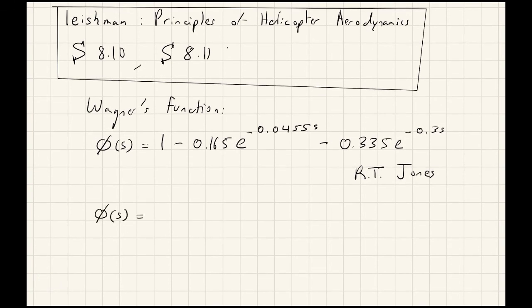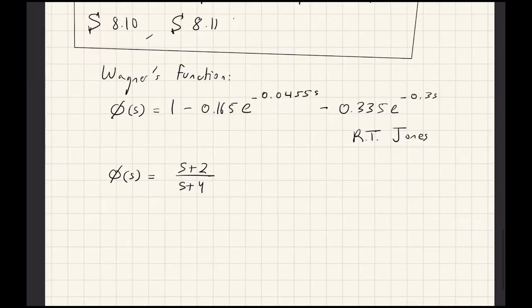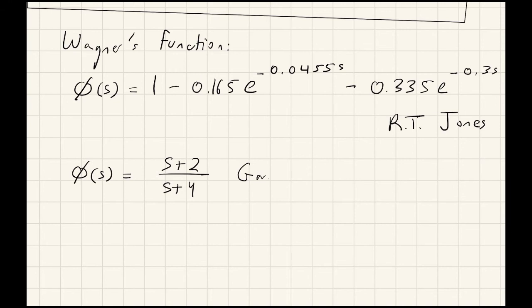And then another approximation is phi of s is equal to s plus 2 over s plus 4, which is a much cruder assumption attributed to Garrick, 1938.